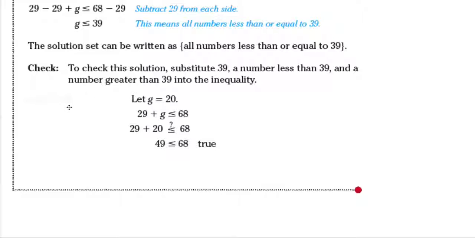Let's see if g is equal to 39, because it says less than or equal to 39. Substituting 39 for the variable g, we end up with 68 is less than or equal to 68. That too is true.